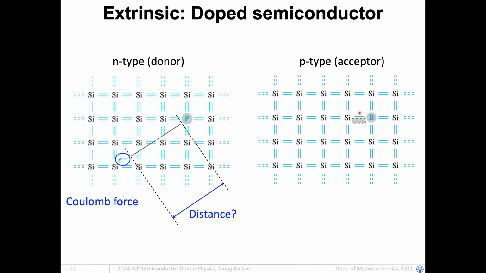So you can regard it as an additional hole moving around the boron, also like a Coulomb force at a certain distance. Since this model means there is a vacancy of electrons, it is the acceptor concept.